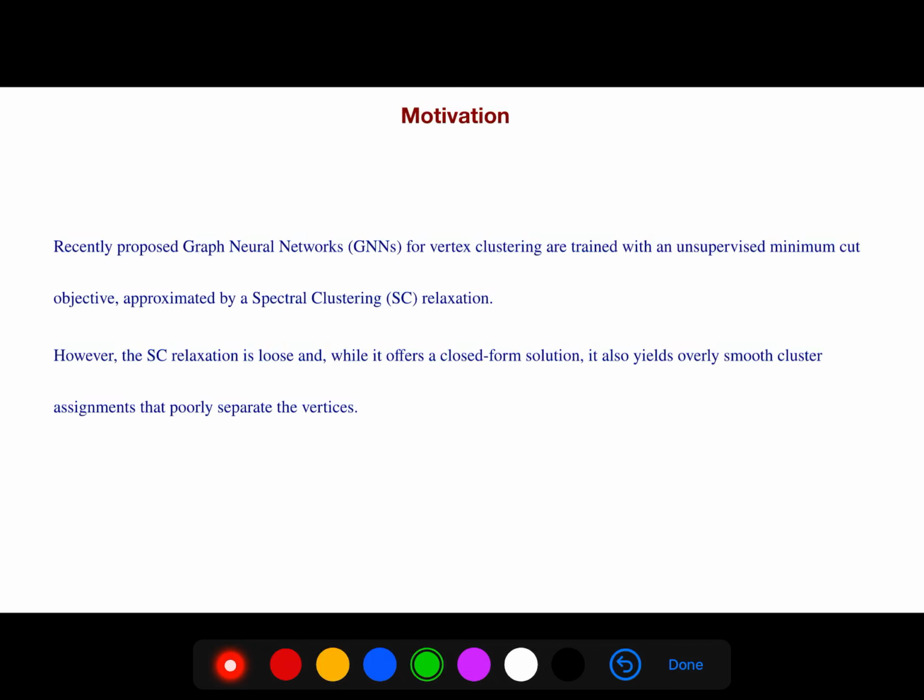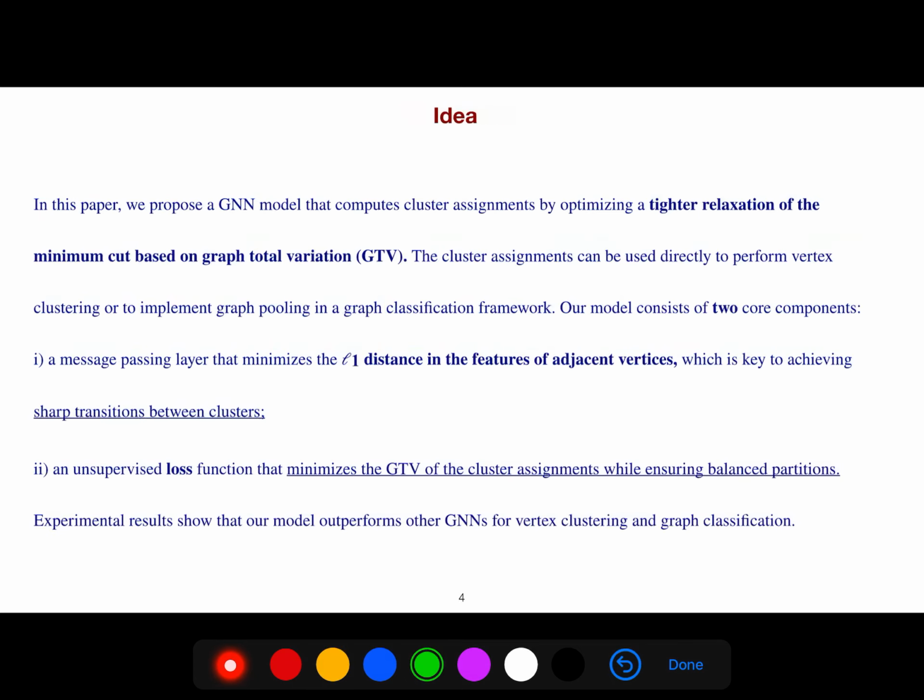And while it offers a closed form solution, it also yields overly smooth cluster assignments that poorly separate the vertices. So we propose a GNN model that computes cluster assignments by optimizing a tighter relaxation of mincut based on graph total variation.